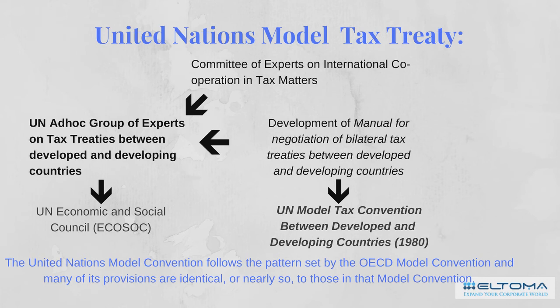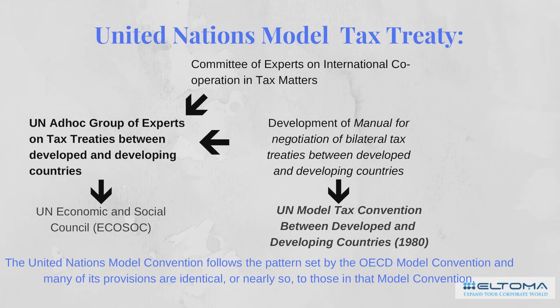A small majority of the members of the committee are from developing countries and countries with economies in transition. The United Nations Model Convention follows the pattern set by the OECD Model Convention, and many of its provisions are identical, or nearly so, to those in the OECD Model Convention.